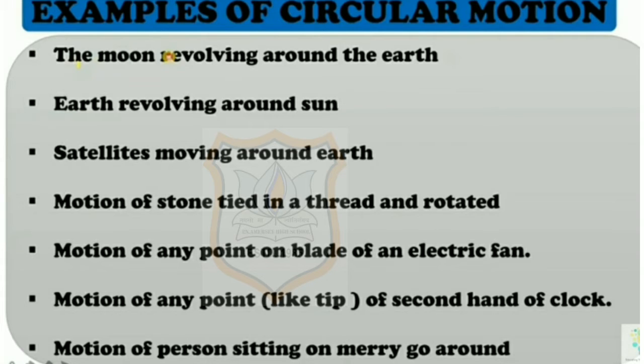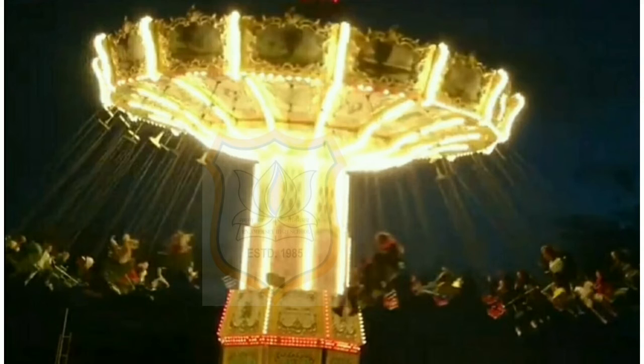Motion of any point like tip of second hand of a clock. Motion of person sitting on a merry-go-round. You would have also been seated in this merry-go-round and you would have felt how it moves in a circular way.